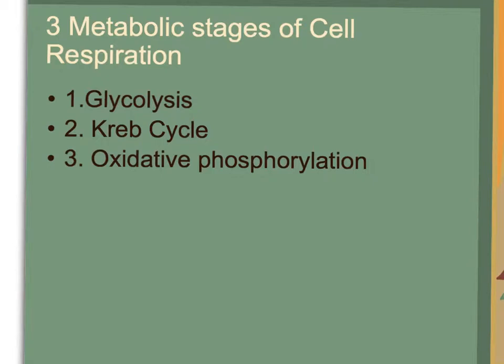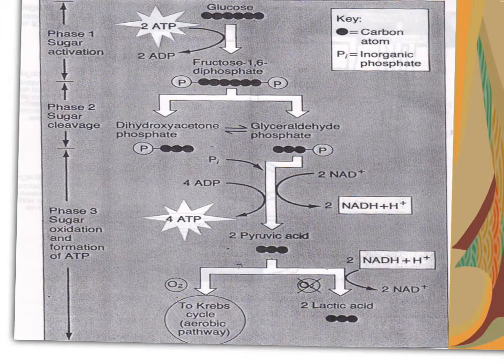And we will take these 3 stages and discuss each stage in detail as far as what chemical reactions are occurring in each stage. The first step in cell respiration is glycolysis.